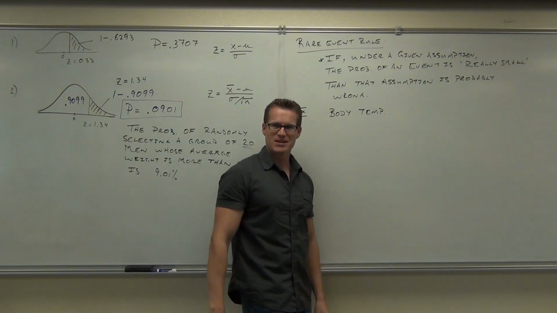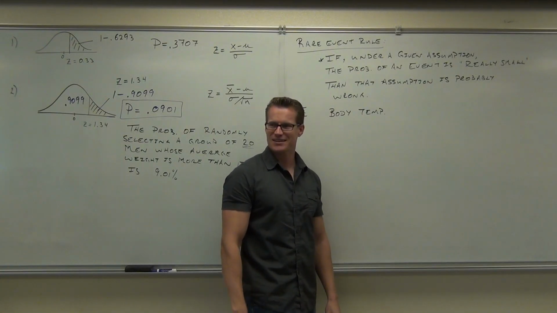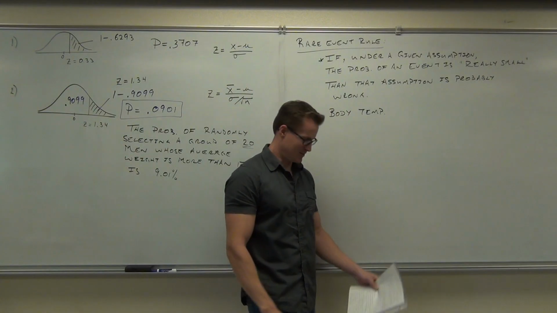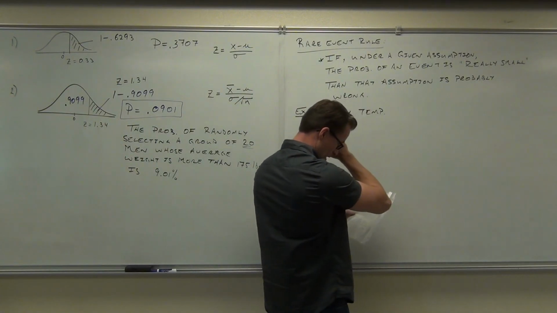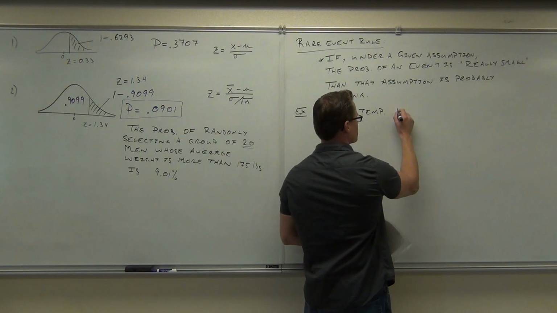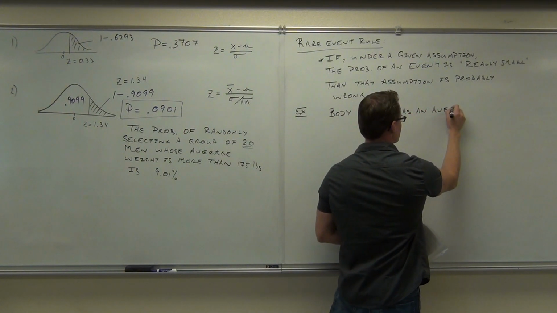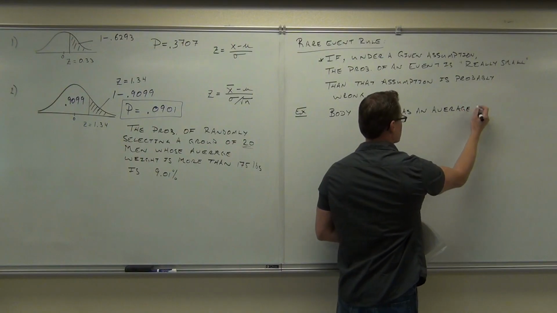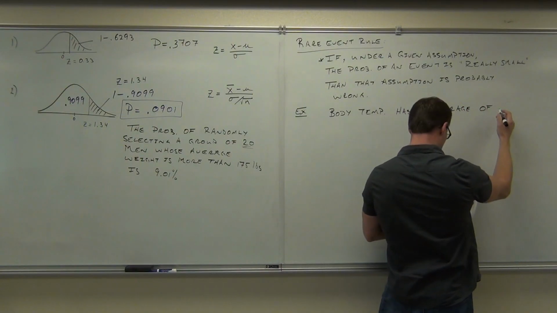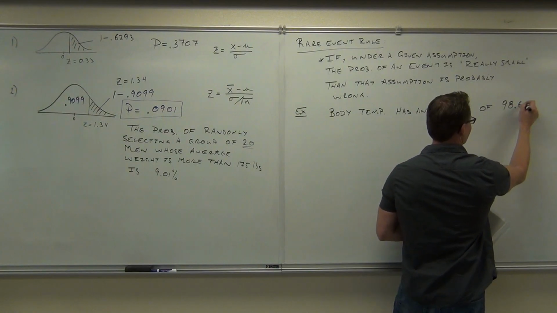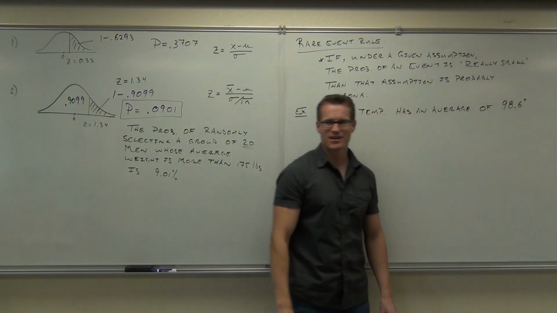Who was 98 degrees then? Nick Lachey and his brother. He had a brother? They made two of them? Okay, body temperatures have an average. What was one of their songs? I don't know. Nobody knows. That's sad. They're not even a one-hit wonder.